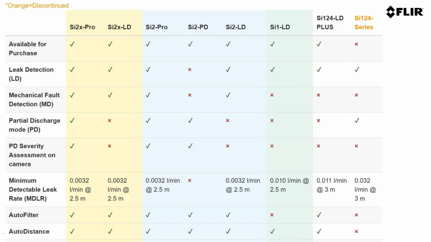You can see that it's 0.0032 liters per minute. This is one of the specs that is for our premium cameras, and this is very sensitive information.